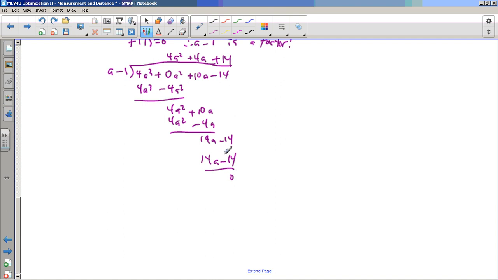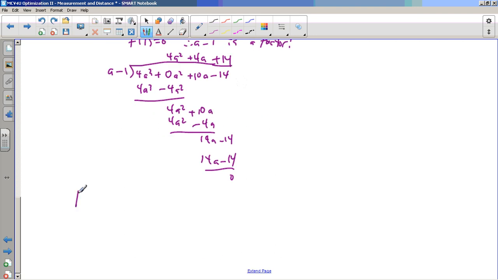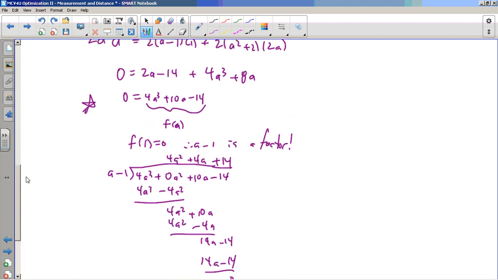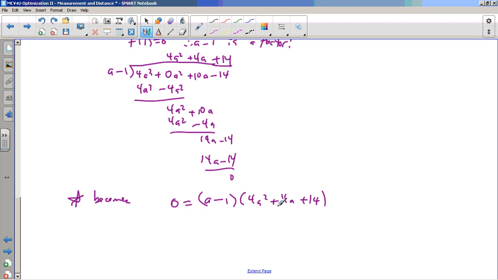So this becomes 0 equals A minus 1 times 4A squared plus 4A plus 14. Suppose I could have taken a factor of 2 out of there. That might have made my life a little bit easier. I see it in there now. So one of the solutions here is A equals 1.